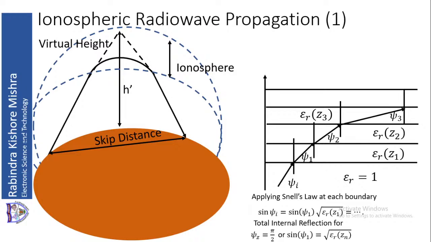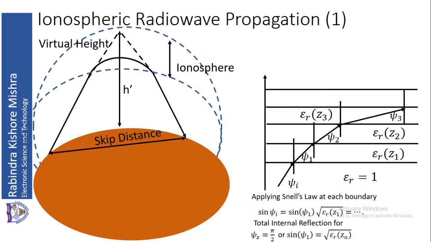Instead, if we use the ionosphere, we put the transmitting antenna at one point and send the wave upward with an incident angle. Where it hits the earth when it comes back, there we put the receiving antenna, which receives what is coming back from the ionosphere.